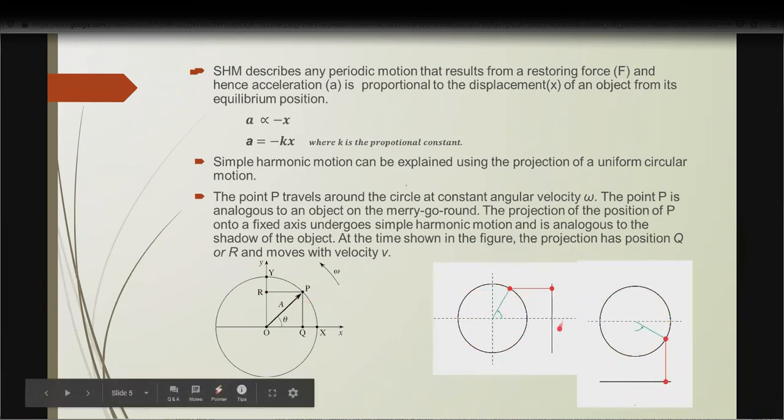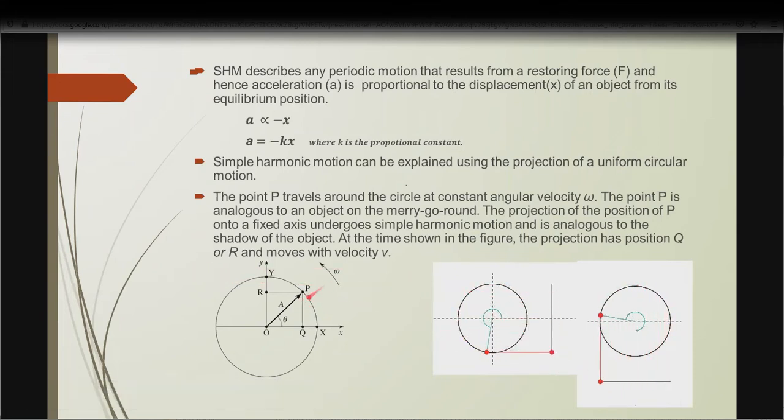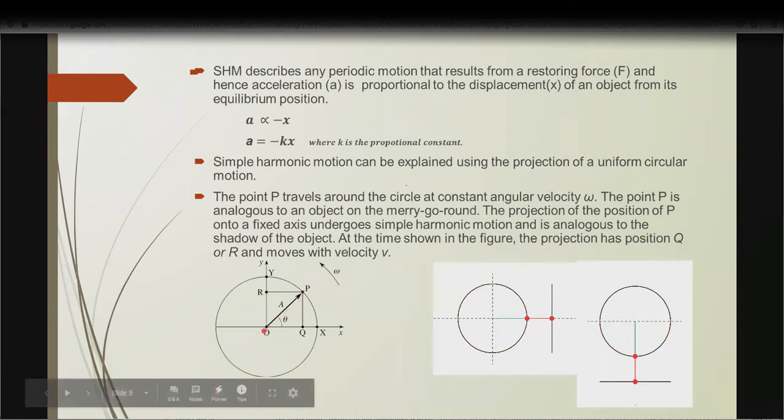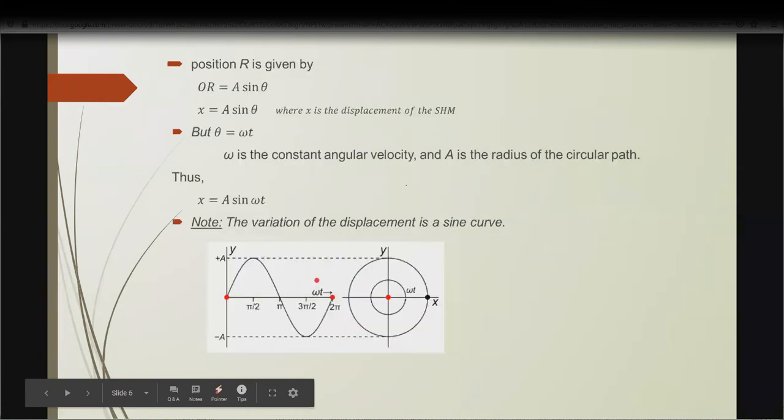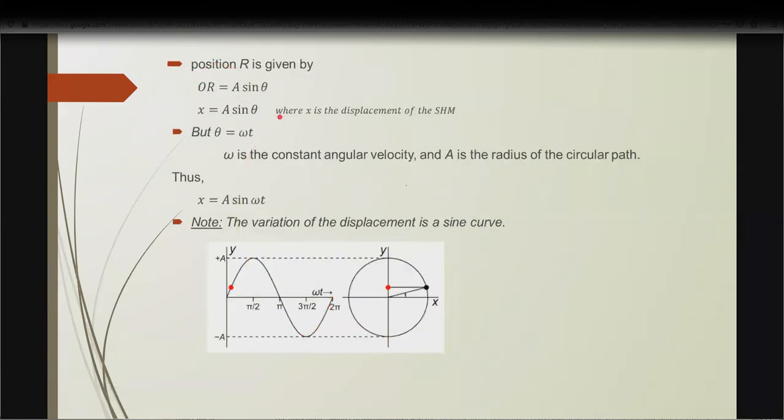The speed of this one, if it is V, is equal to the linear velocity component of P. Let's get, this is for the displacement, okay, not the velocity. Right, let's discuss displacement first.